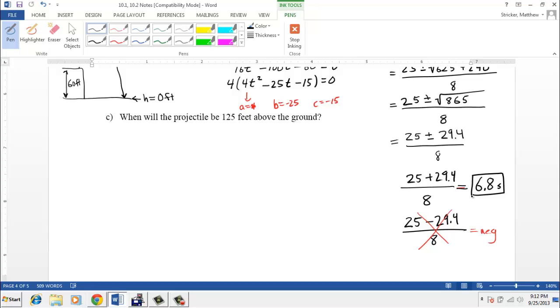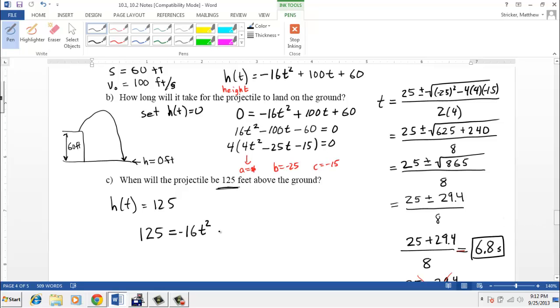Likewise, we could go ahead and find in part C when the projectile will be 125 feet off the ground. Well, instead of h of t being at 0 feet, we now want to figure out when h of t will be 125 feet. So this is basically the same thing, but now we're going to say 125 is equal to negative 16t squared plus 100t plus 60. And again, we want to get everything on one side.